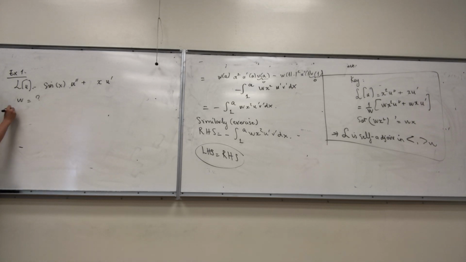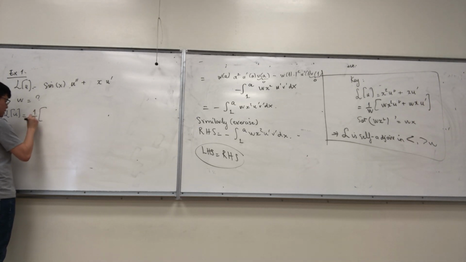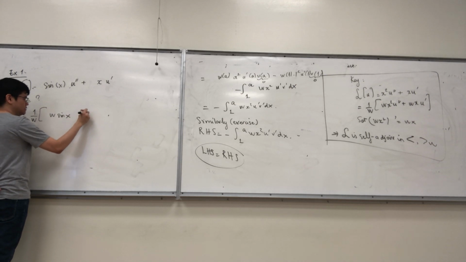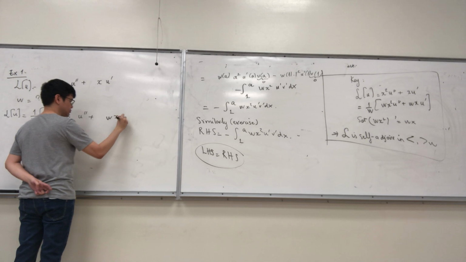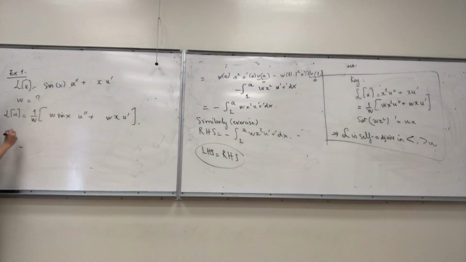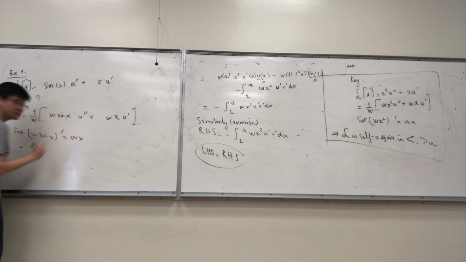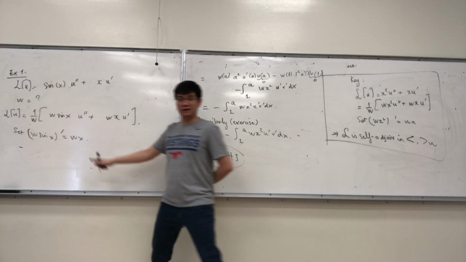You write Lu is 1 over w times w sinus of x u second plus w x u prime, and you're going to set w sinus x prime equal to wx. This is the w that you are finding.